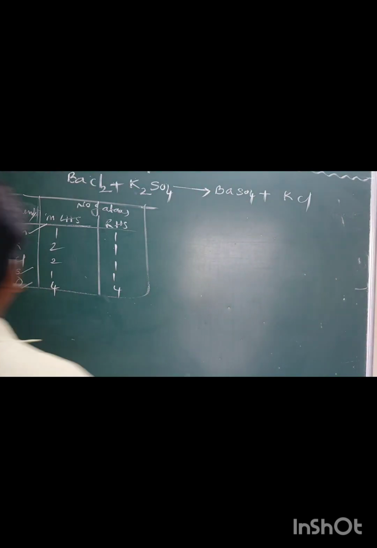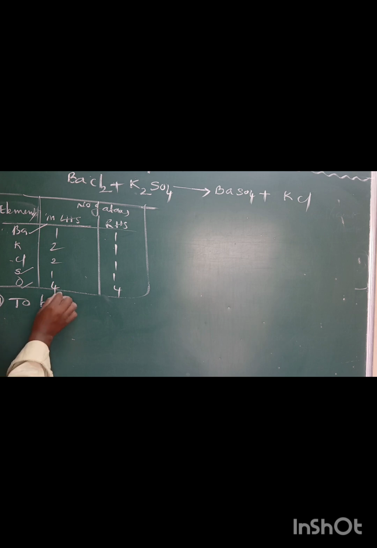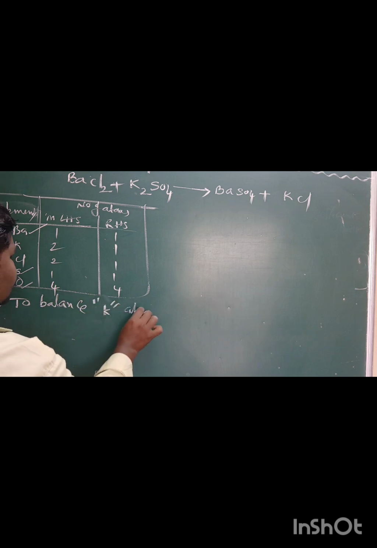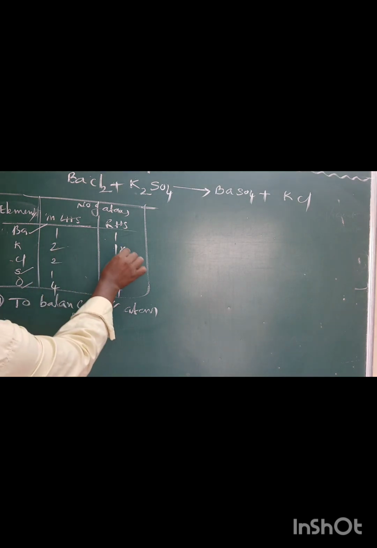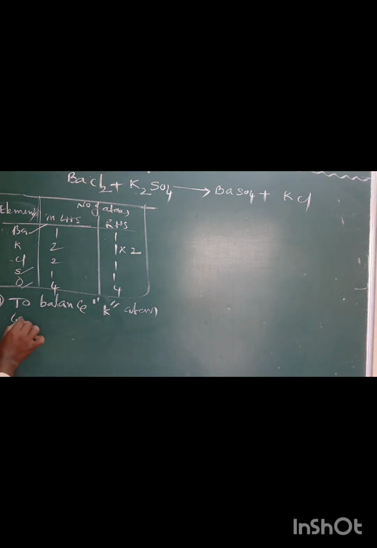That's why, to balance the potassium atom, step 1. To balance the potassium atom, how many atoms are on the reactant side? 2 is there, so on the product side coefficient 2 is added.